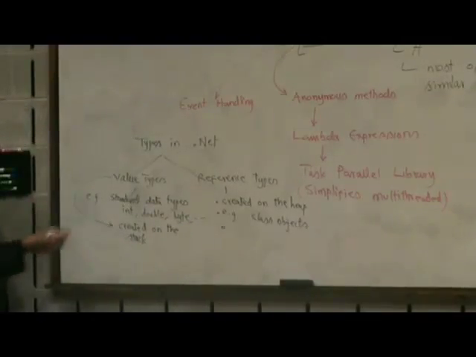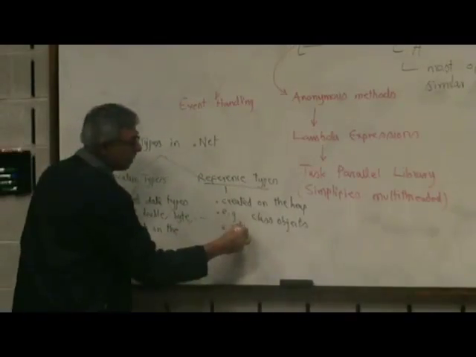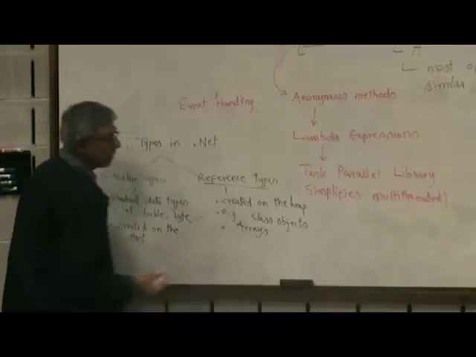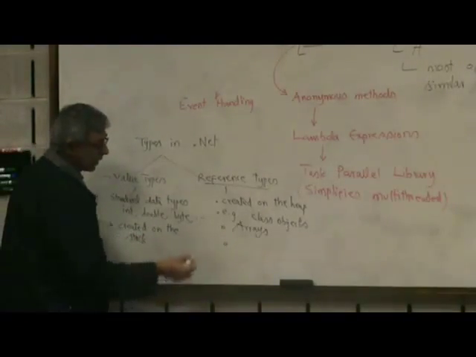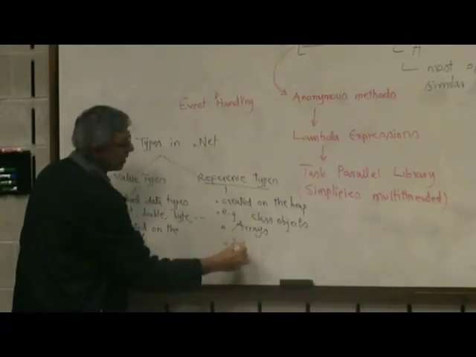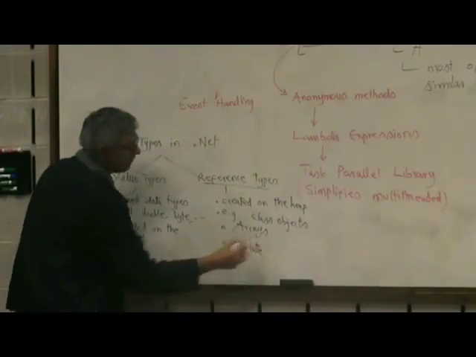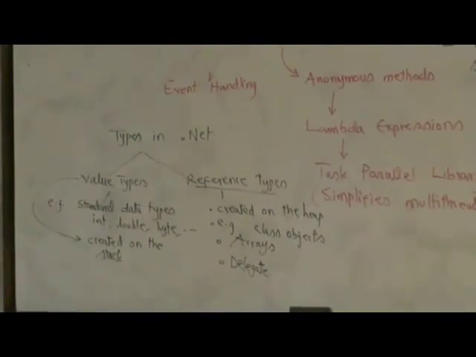Anybody remember another type of reference type? Arrays. Memory for arrays is always allocated on the heap, so arrays are reference types. What else? As we discuss delegates, you will see that a delegate is a reference type. That means once we create a delegate, the memory for it will be allocated on the heap, right?